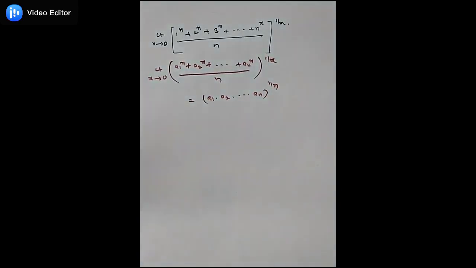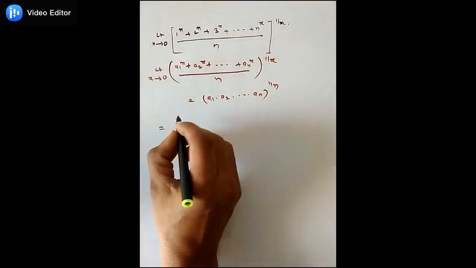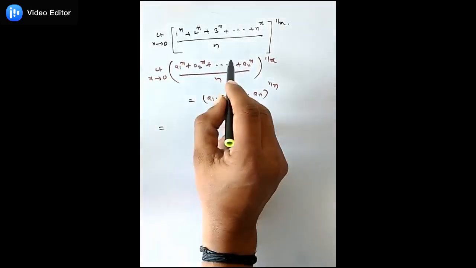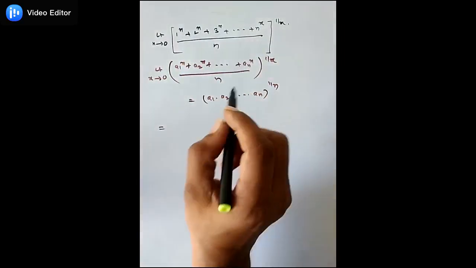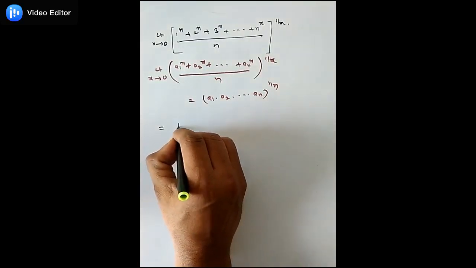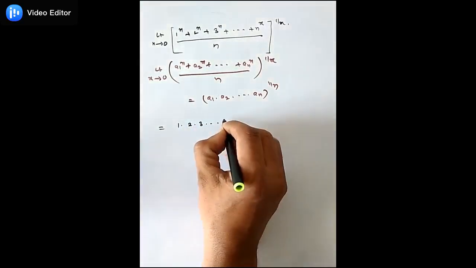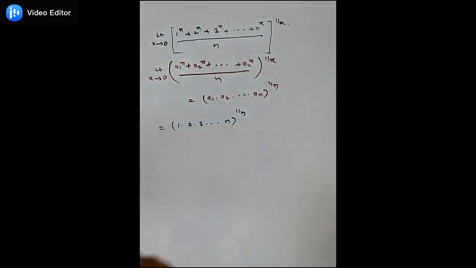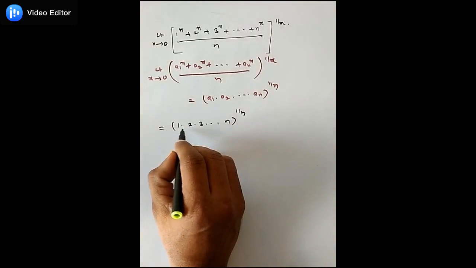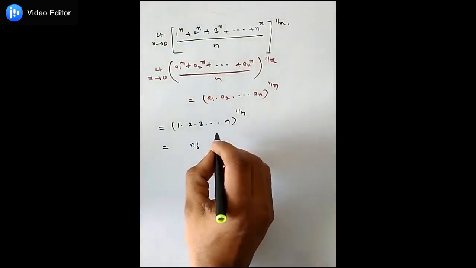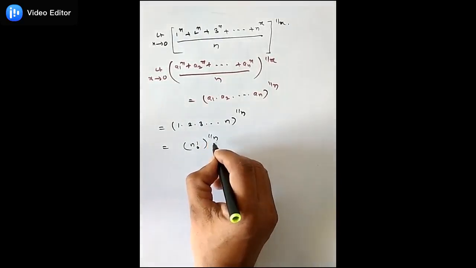Apply this formula. If you compare with this formula, here a1 value is 1, a2 value is 2, a3 value is 3 and so on, an value is n. So by applying this formula you will get (1 · 2 · 3 · and so on · n) to the power 1/n. You know this, the continuous product of n natural numbers is nothing but n factorial. So (n!) to the power 1/n is the answer.